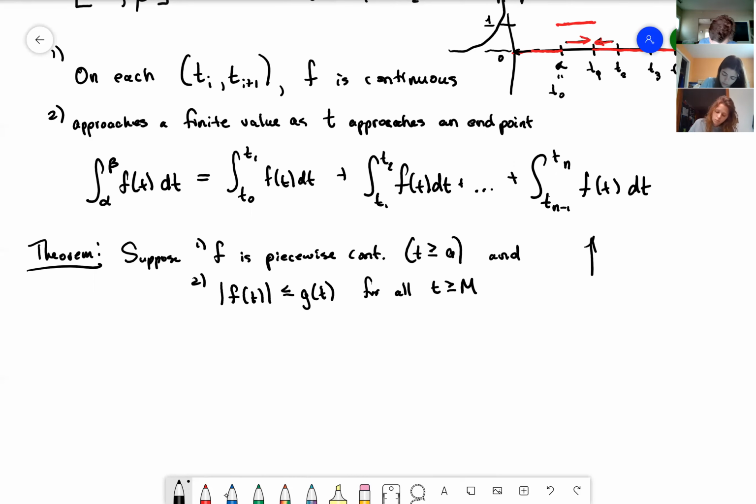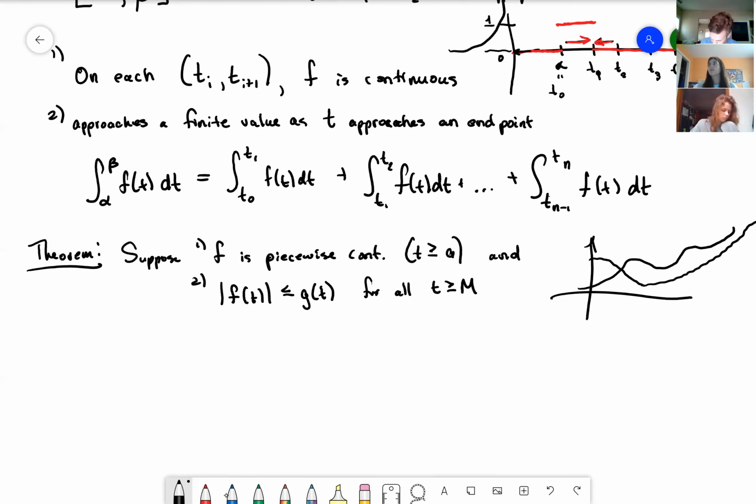We have our function, maybe it looks like this, and our g function looks like this. So it may not be bounded everywhere, but once we get past a certain point, it is bounded by this g. So maybe this is our m right here.